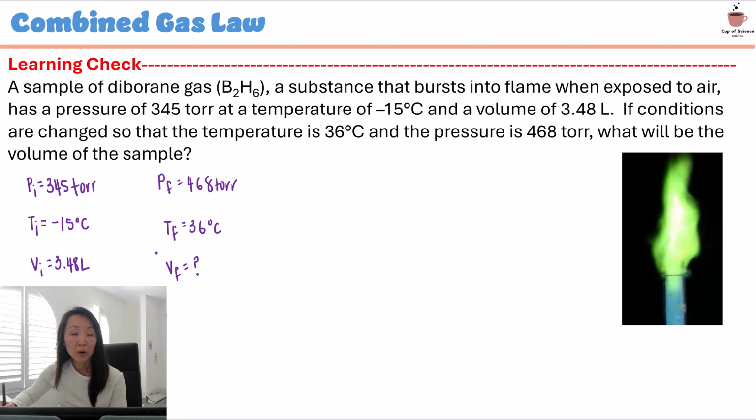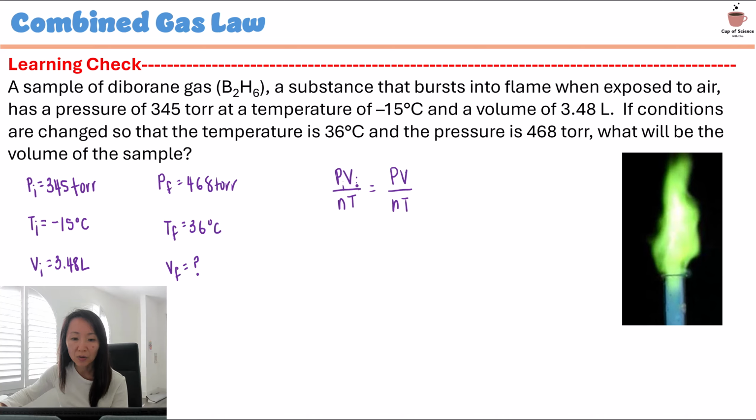You might wonder, where is the moles? Well, the number of moles isn't here. That just means that you ignore them, or you just assume that there's a constant number of moles. Whether it's initial or final, the number of moles will be the same. According to the combined gas law, it is PV over NT is equal to PV over NT.